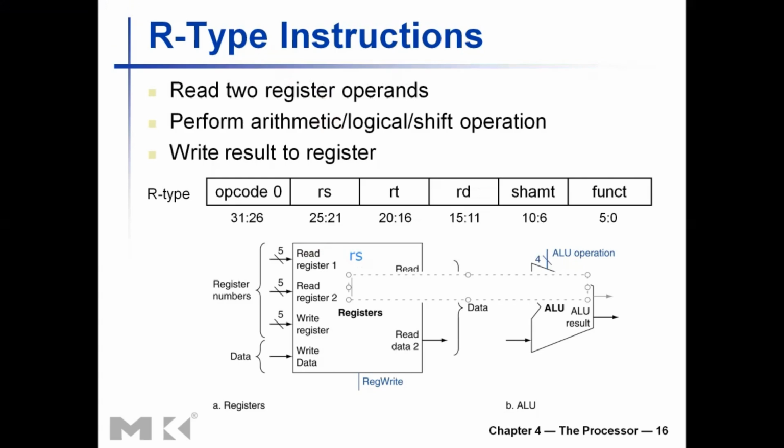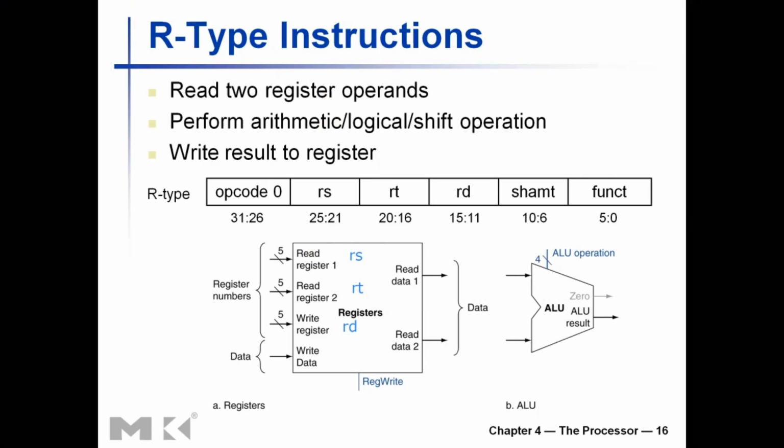The register number 2 that you're reading is RT, and the register you're writing into is RD. Then, so these are the register numbers, right? So the 5-bit fields coming from RS, RT, and RD, right? Each are 5 bits wide.